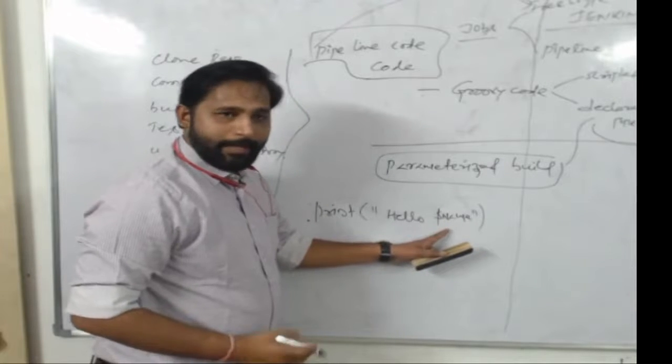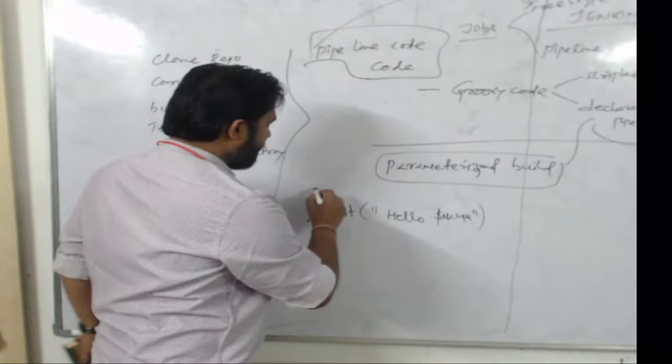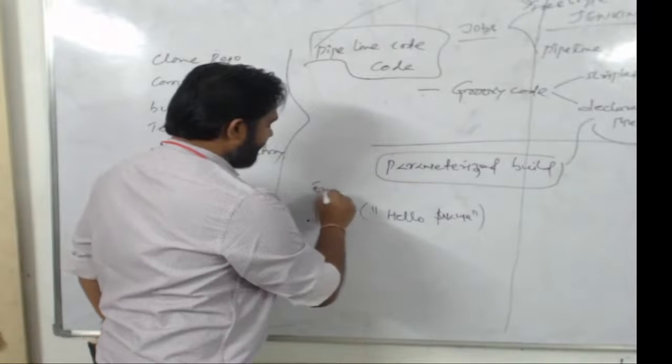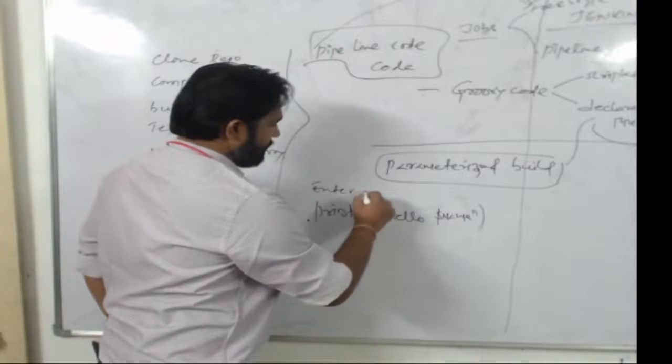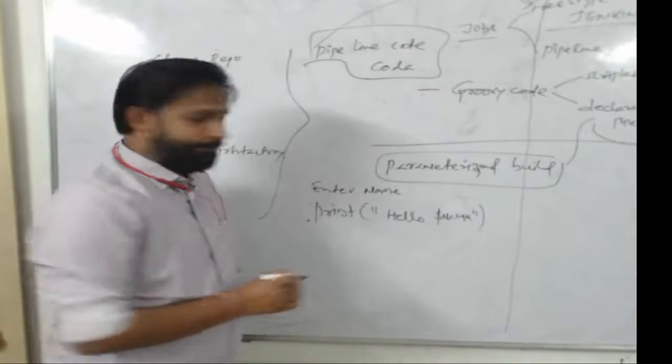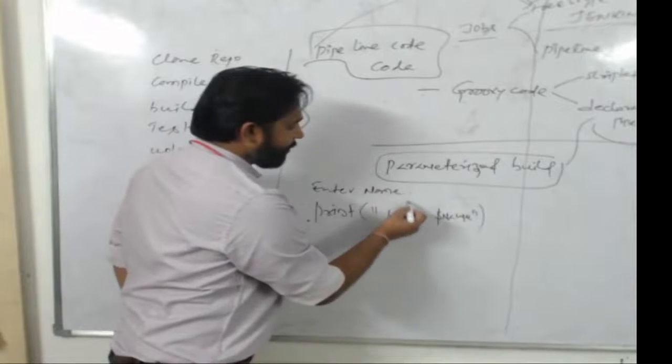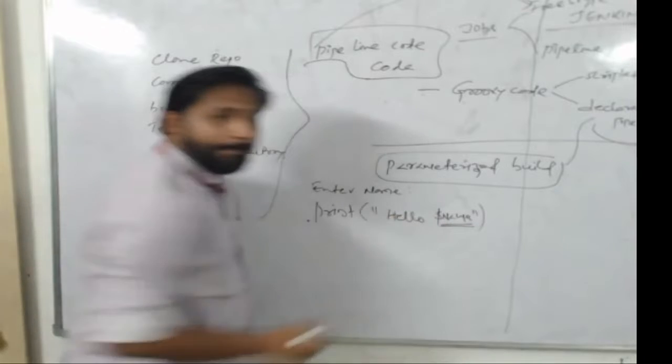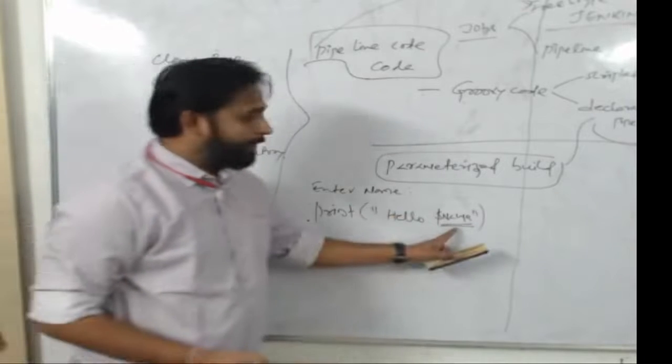You will read this parameter somehow. Probably you will ask the user itself, enter name. So the user enters the name. You store it in a variable called name, and you are retrieving it.